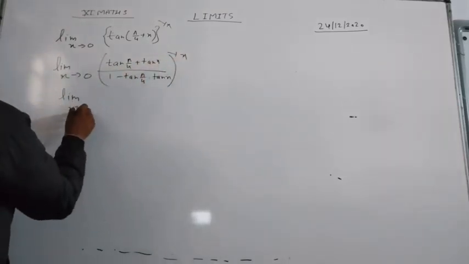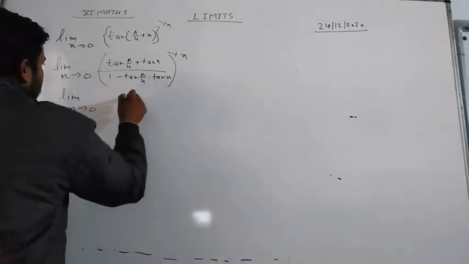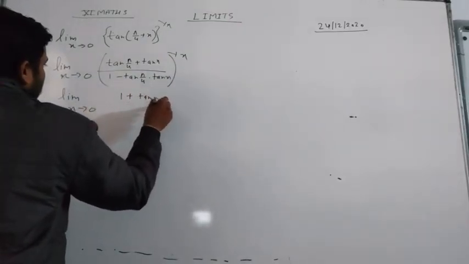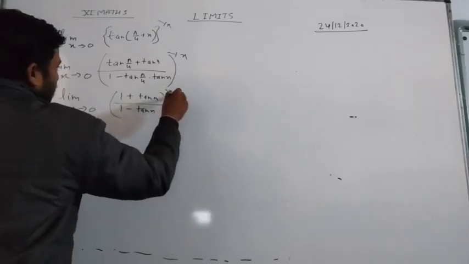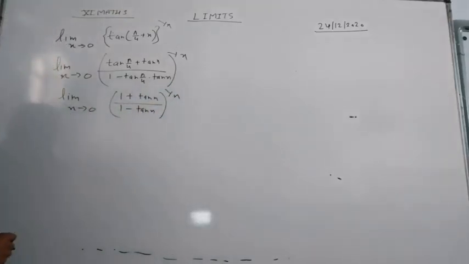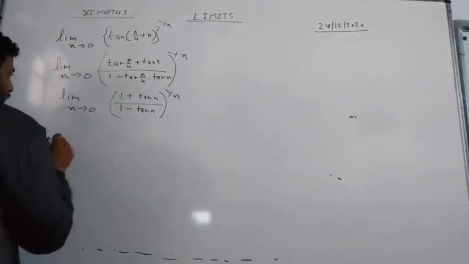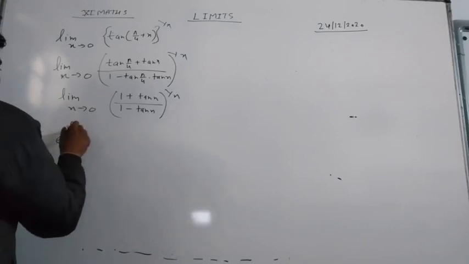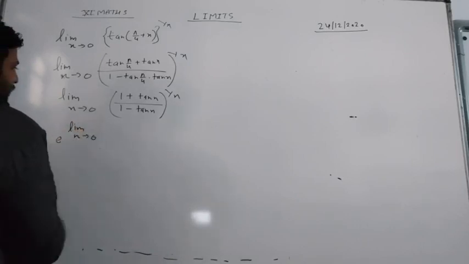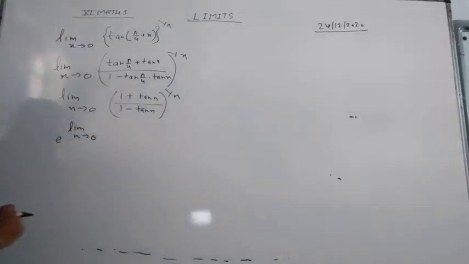So limit x tends to 0, this is (1 plus tan x) by (1 minus tan x) to the power 1 by x. Okay student, so we write e to the power limit x tends to 0 of f(x) minus 1.